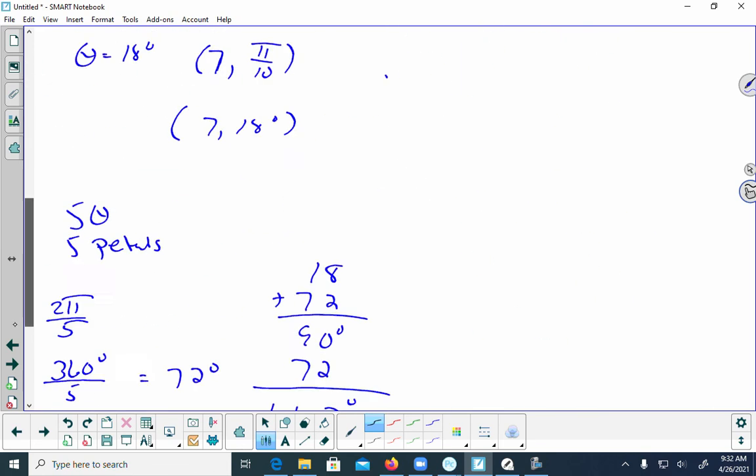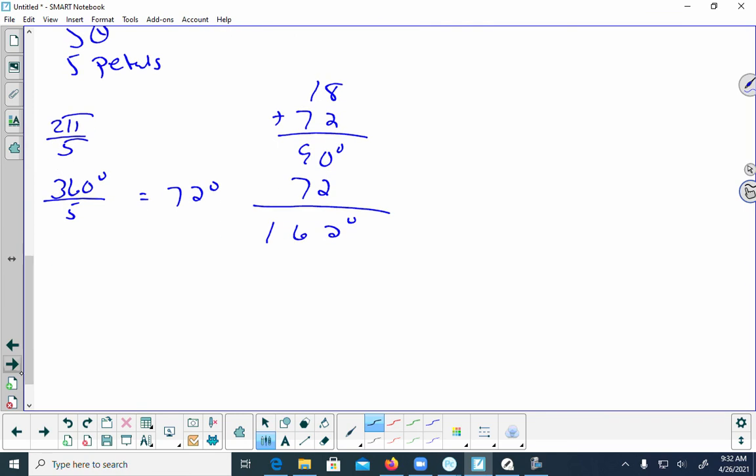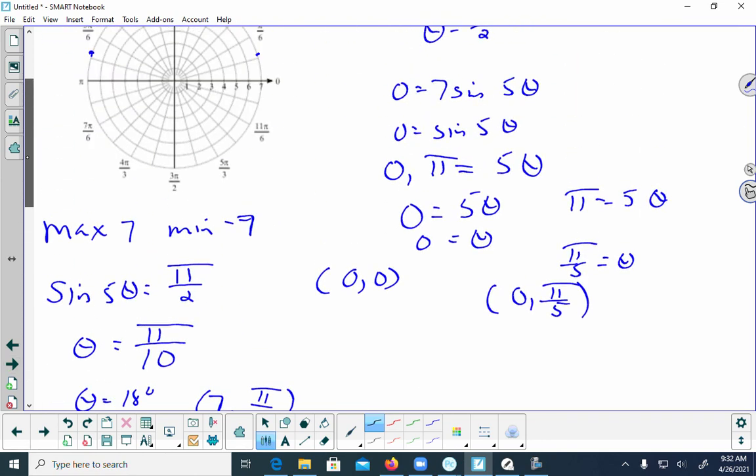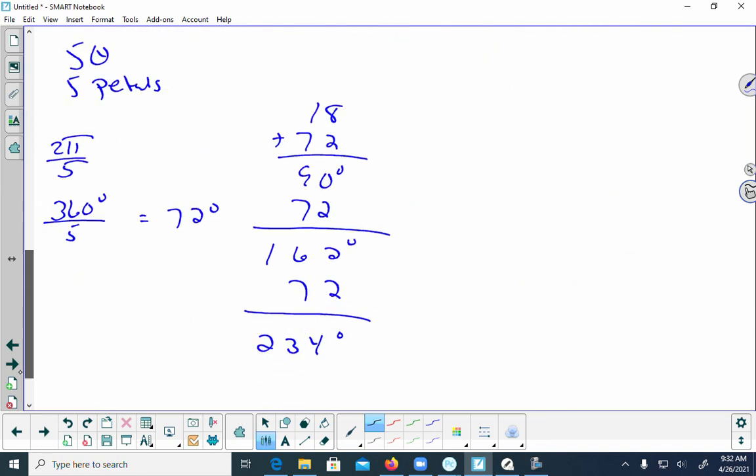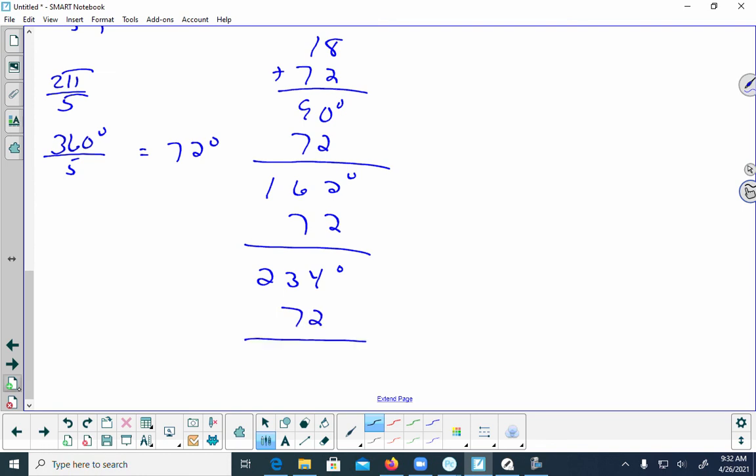Then I'm going to add 72 again, so I'm going to take 162 plus 72, and I'm going to have 234. So 234, this is about 240, so I'm going to do 234, which is about here, just an estimate. Then I'm going to add 72 again. So when I add 72 again, I get 306.